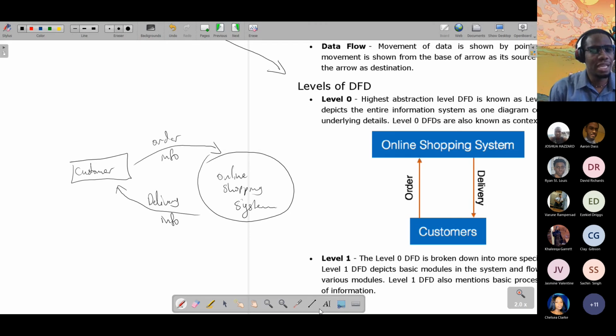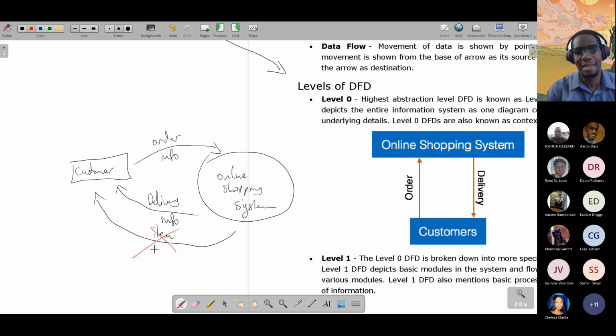Now, I want to make something clear. A DFD does not represent anything besides information or data in the system. So you cannot see this item, right? This is incorrect.